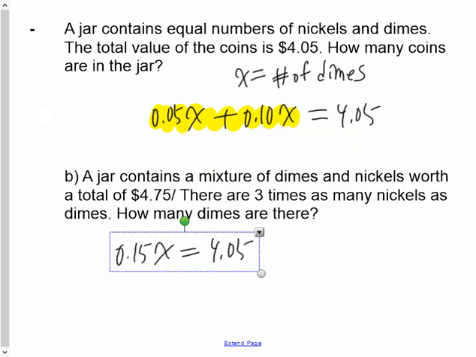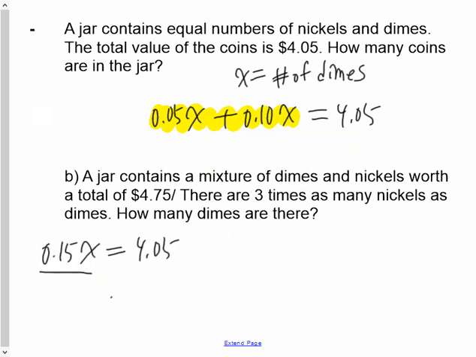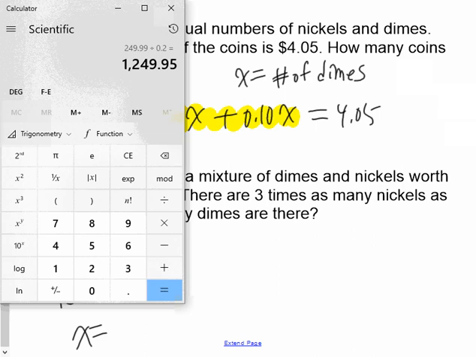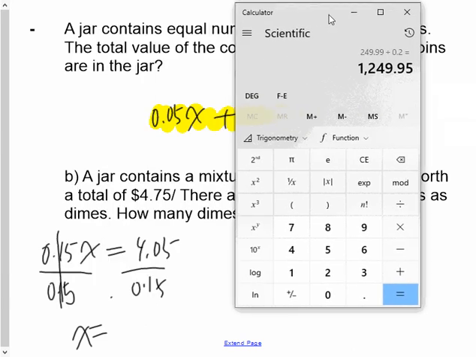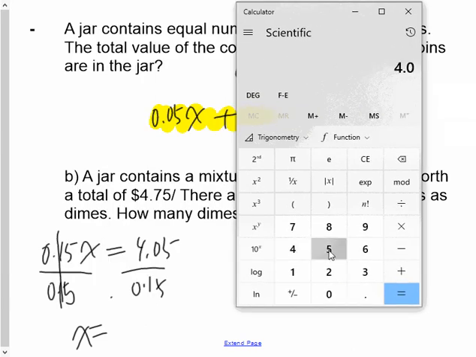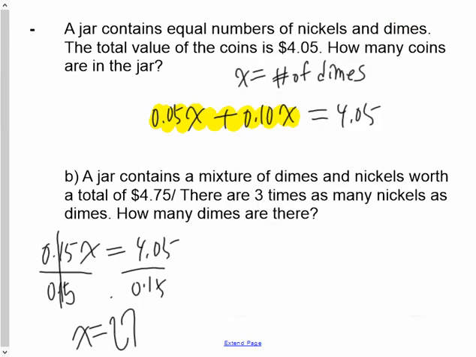Divide both sides by the coefficient. $4.05 divided by the coefficient of 0.15 tells me that x equals 27.